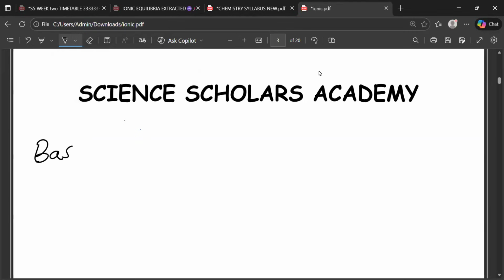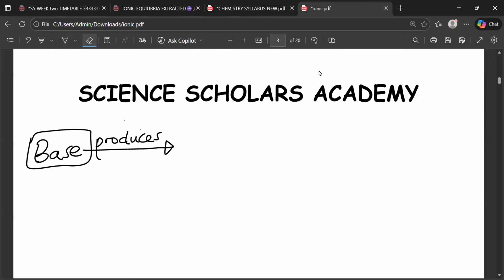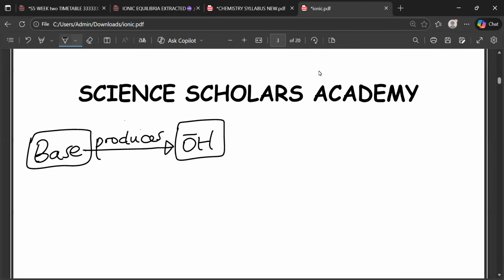So have it in mind that if this is our base and it produces the hydroxide ion, the hydroxide ions can attract the H+.